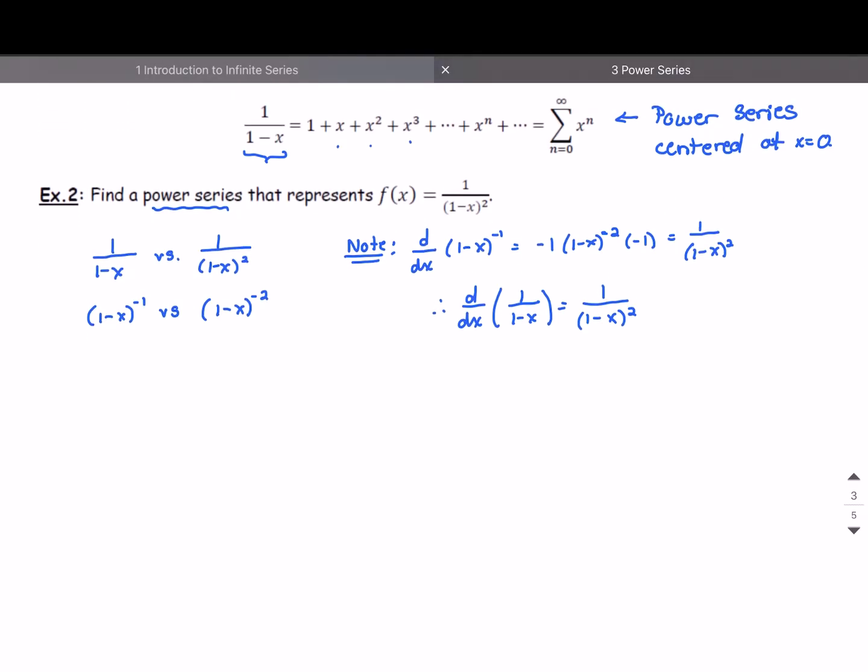So, what can we do? Since this is the derivative, let's differentiate both sides of our very cool example.